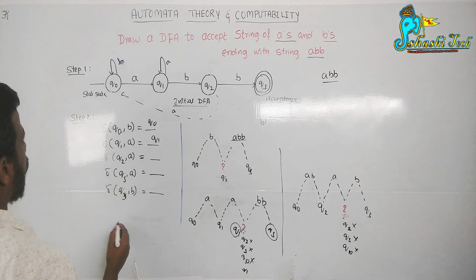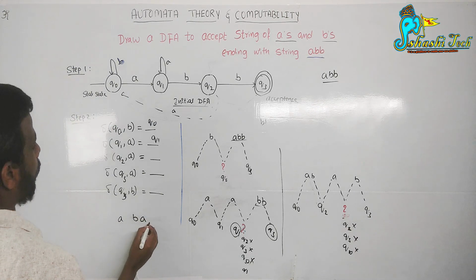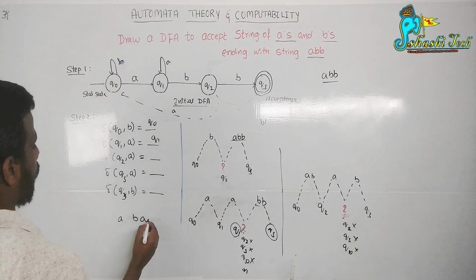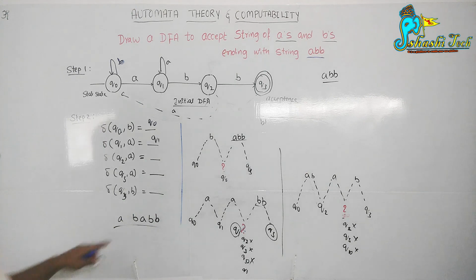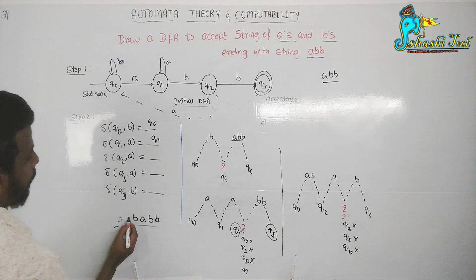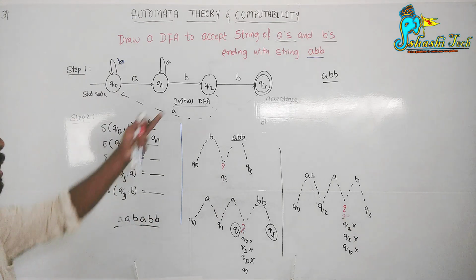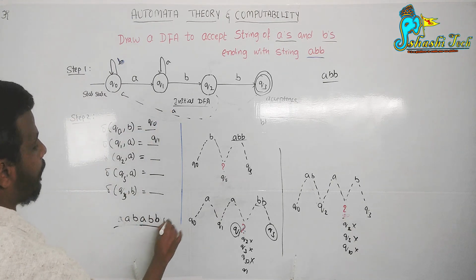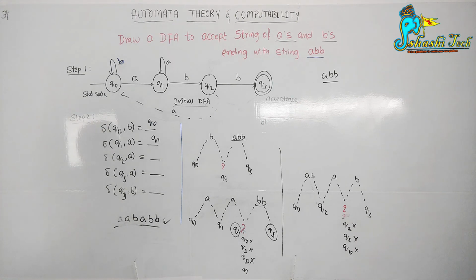We shall see the string A, B, A, B, B. According to the question, this should be accepted, but according to this diagram, it is not accepted. Why?